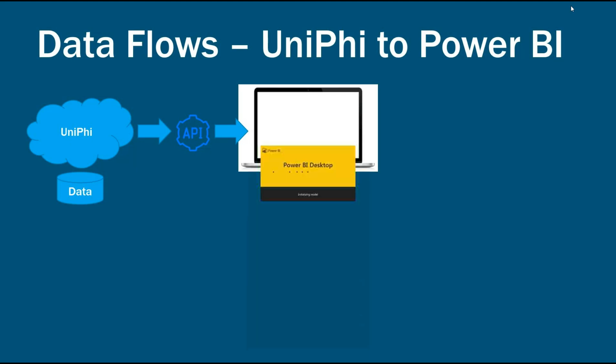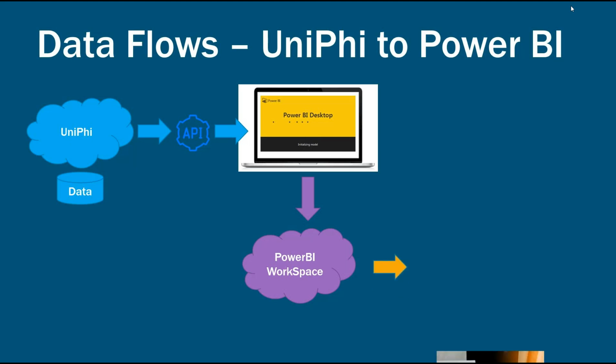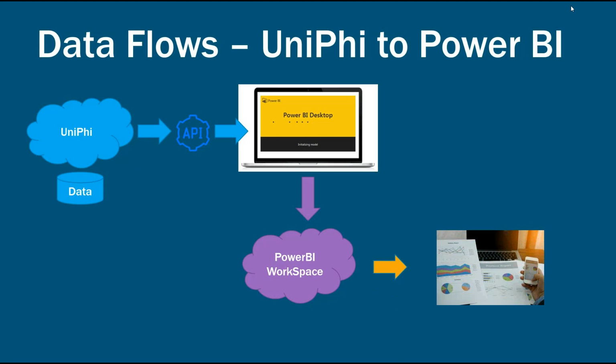So this is a laptop, but desktop, basically for it to analyze in the way that I demonstrated previously. We then publish that information to our workspace and then share that information with others who can then access it anywhere they like on any device. You can see there's a laptop, there's printed, and there's a little mobile phone there in that image.